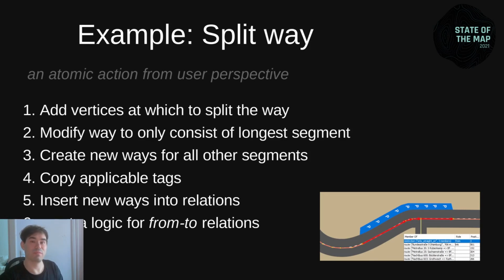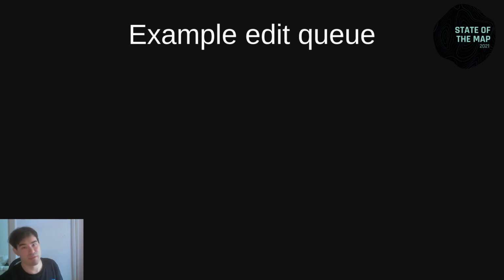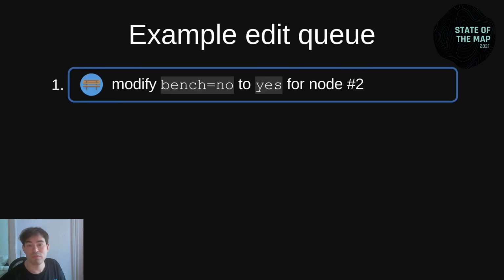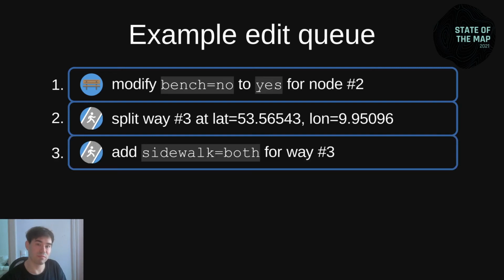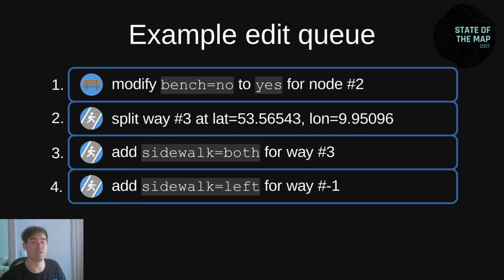Alright, so an example edit queue would maybe look like this. We change a tag for a node, or we split a way at a certain position, and maybe after that we add another tag, or add another tag for one of the newly created ways.